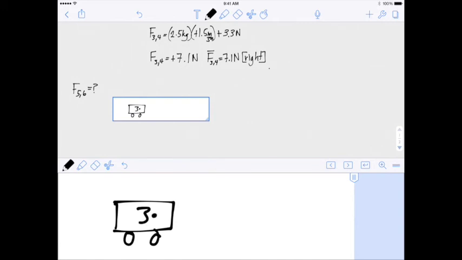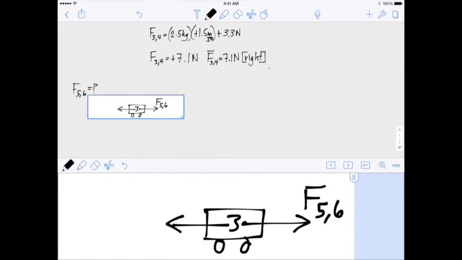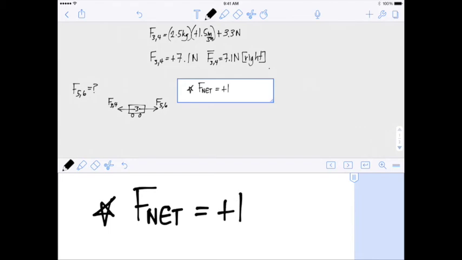So we know cart number 3 is being pulled forward by the force of tension as read on sensors 5 and 6. It is also being pulled back by the force of tension as read on sensors 3 and 4. And we just calculated that one above. So to determine the force as read on sensors 5 and 6, we're going to list all of the forces acting on cart 3, using plus or minuses to indicate direction.